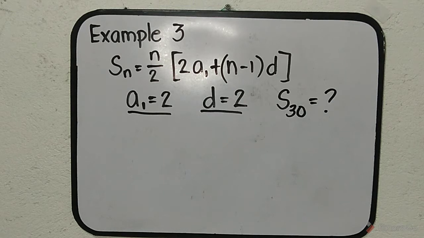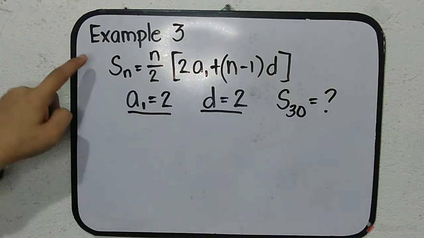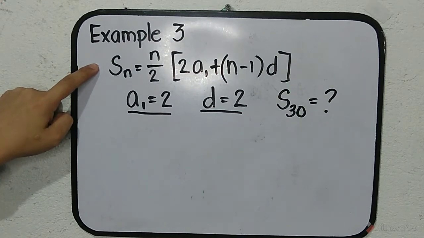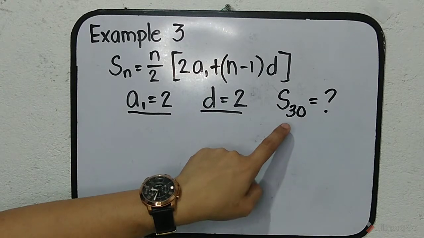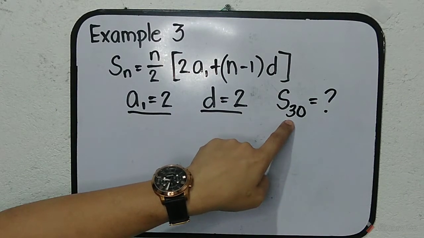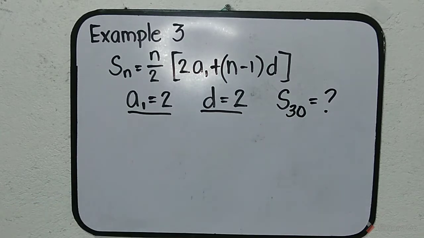Ang ibinigay lang sa atin ay ang ating common difference at a sub 1. Kaya itong pangalawang formula ang ating gagamitin. So, sa problem na to, pinapahanap sa atin ang summation or sum ng first 30 terms. So, plug in lang natin siya dito sa ating formula.